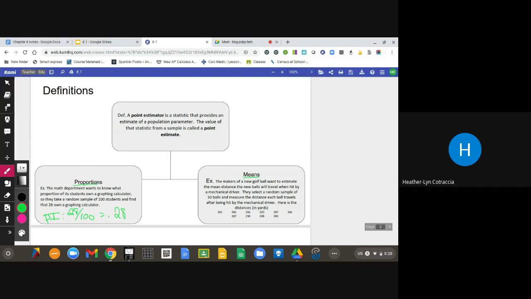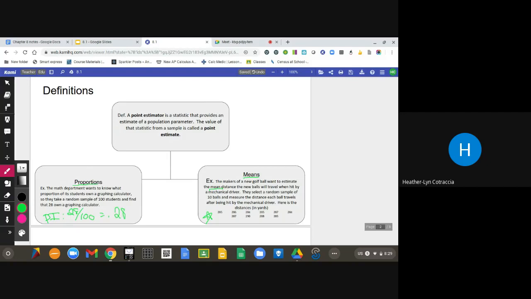Again, your keyword here is they're looking to estimate the mean. So either way, it'll be pretty obvious. With means, you're going to be given data like down here, and they're going to ask you to find the mean and the standard deviation, or they might give you a mean and a standard deviation. Proportions, they won't give you a mean and a standard deviation. They're going to give you a proportion.